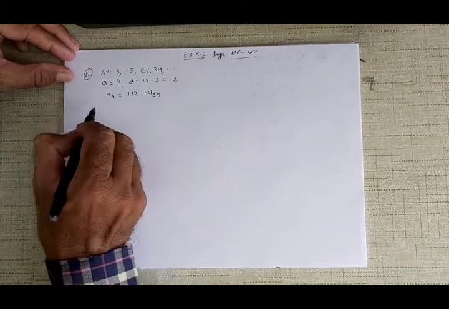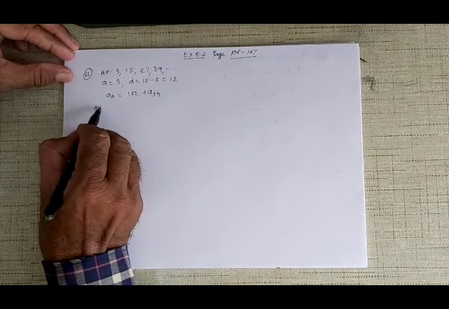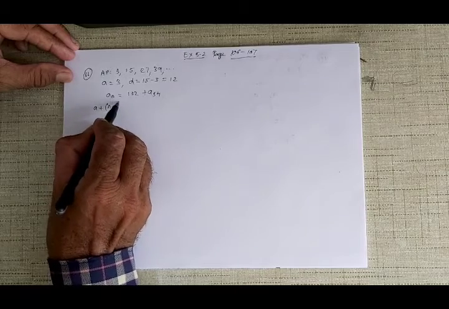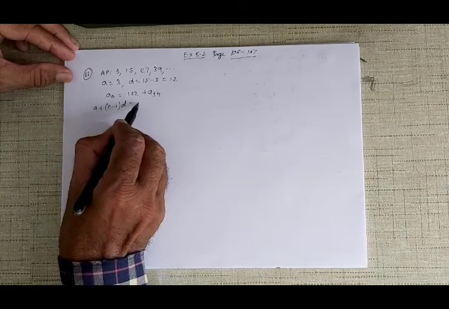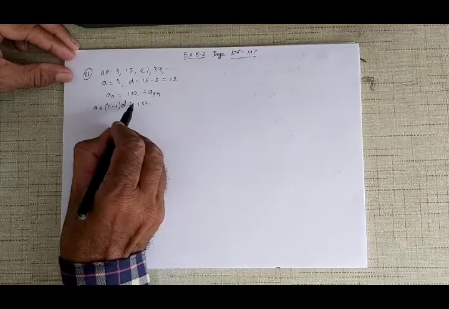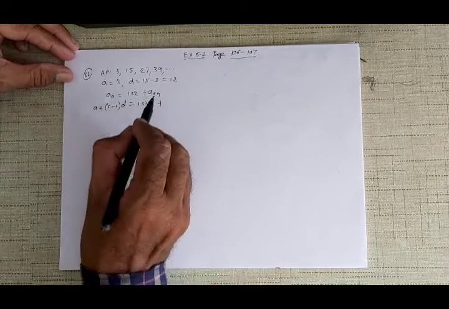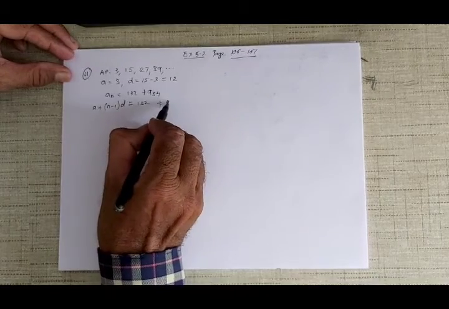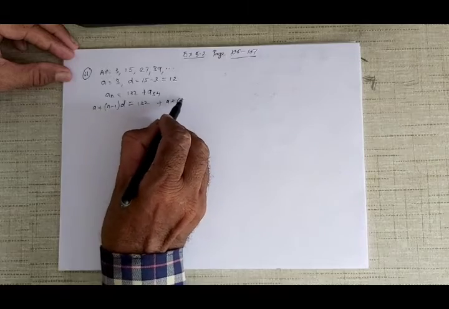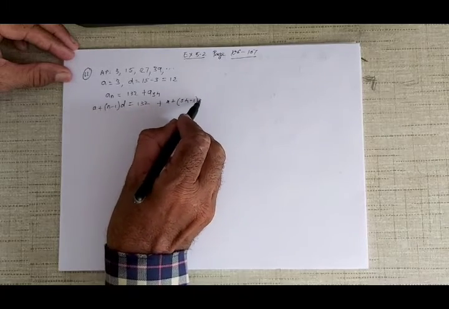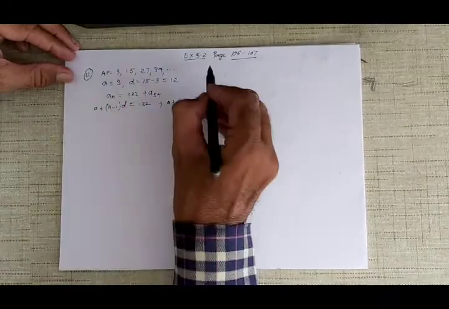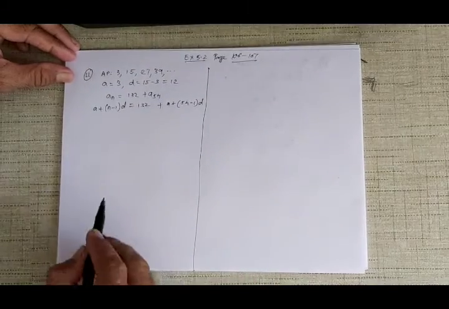So A of n means A plus (n minus 1) into D is equal to 132 plus A of 54, which means A plus (54 minus 1) into D. Now all we have to do is simplify.